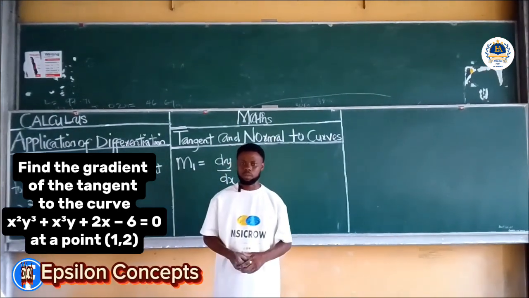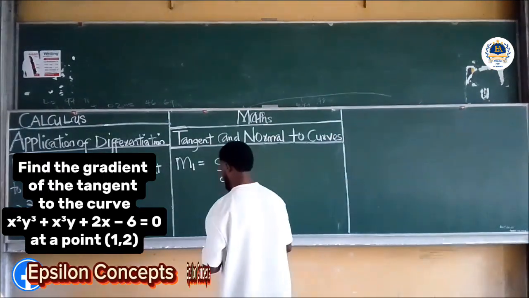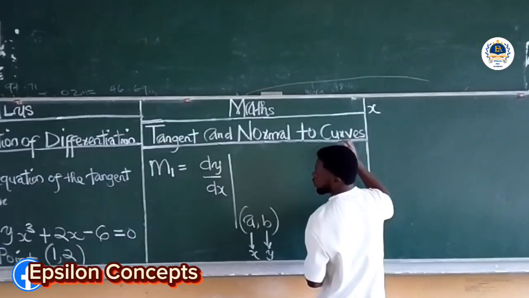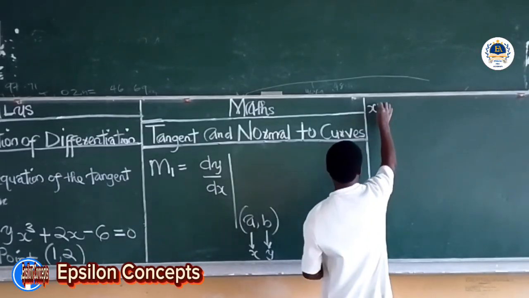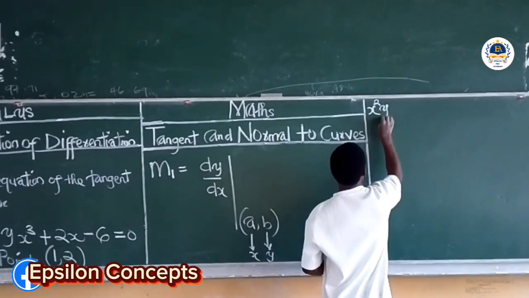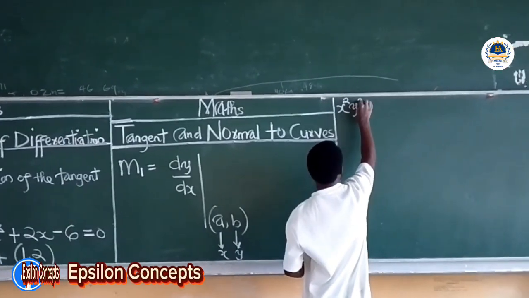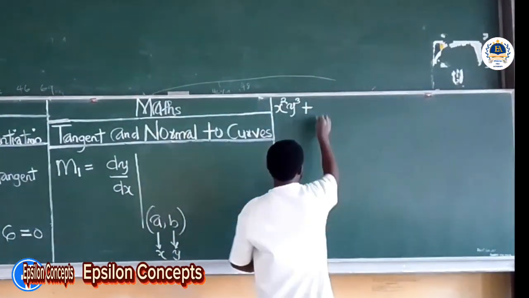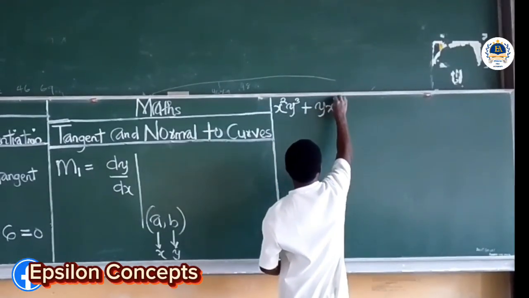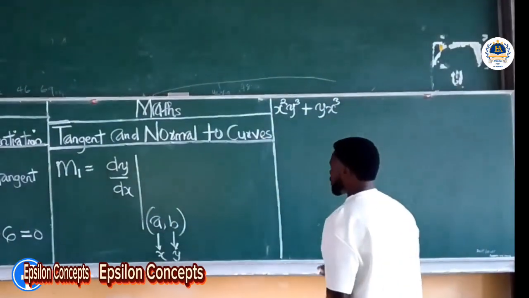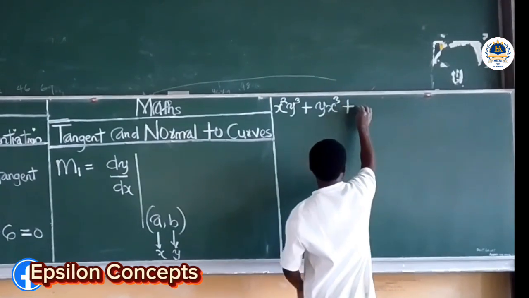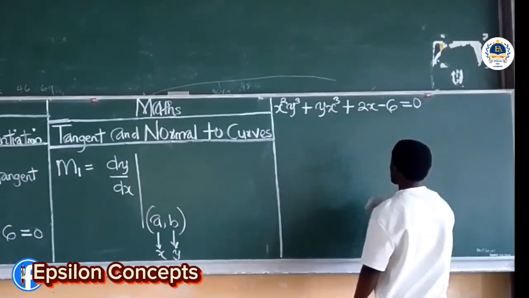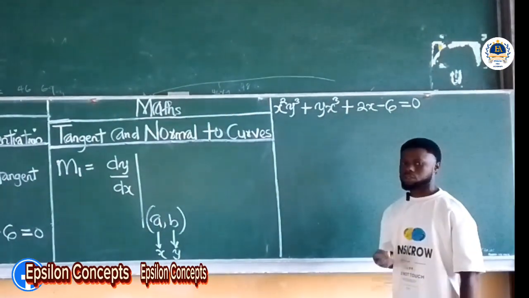Now, to solve this function implicitly, we have x raised to the power of 2 y raised to the power of 3 plus y x raised to the power of 3 plus 2x minus 6 is equal to 0 at the point (1, 2).